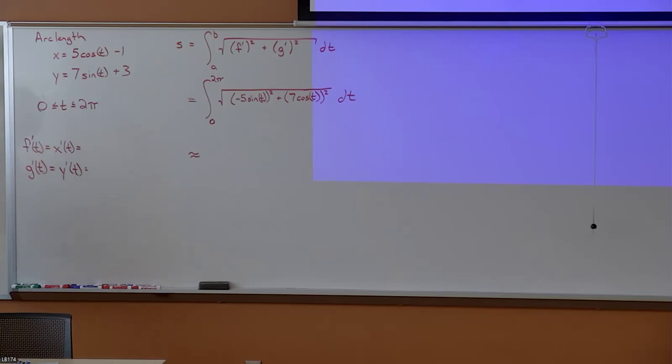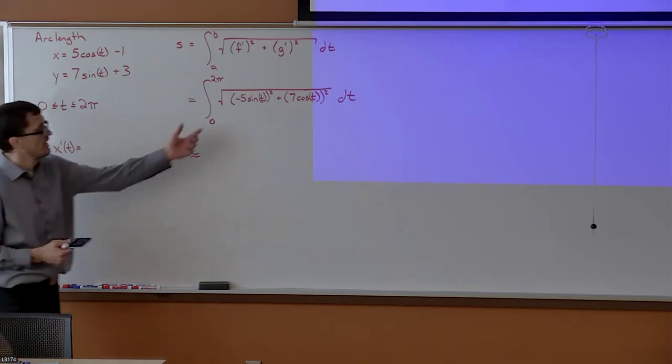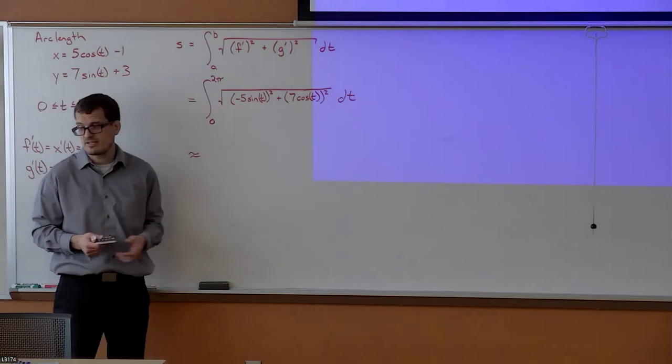Type that in your calculator, 0 to 2 pi. Integrate the square root of -5 times the sine of t. And again, all that's being squared, including the -5. Be careful about that.